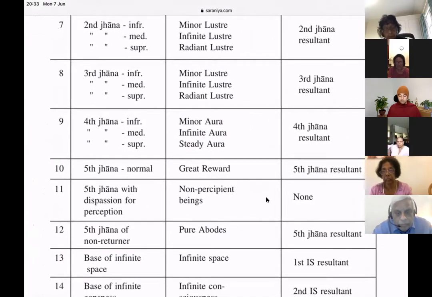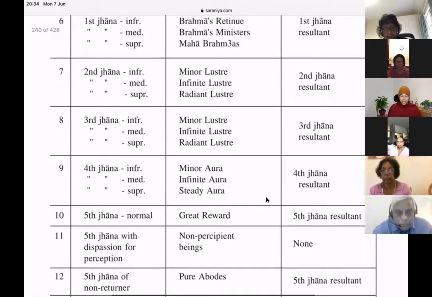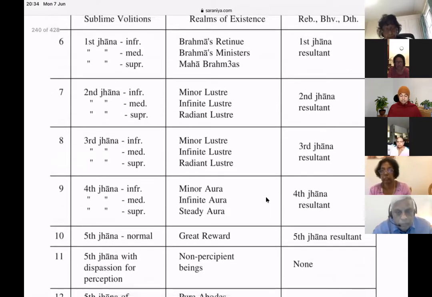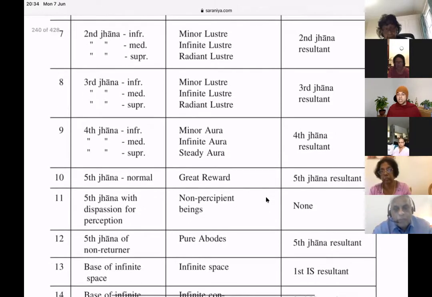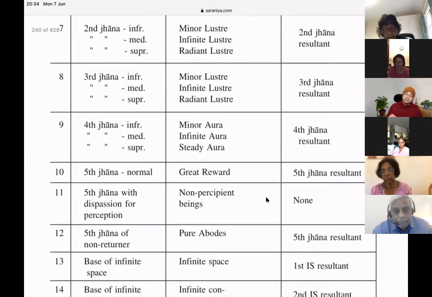Pure abode, 5th jhana resultant, non-percipient beings, great reward, and these parts starting from earlier, if we add them up, they add up to 15, not 16, according to this key. Why is that?